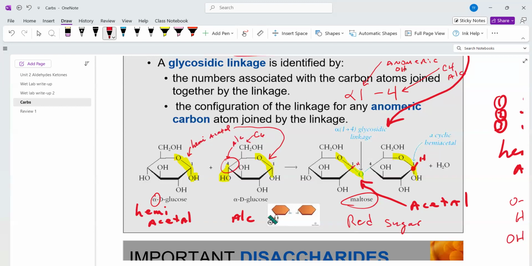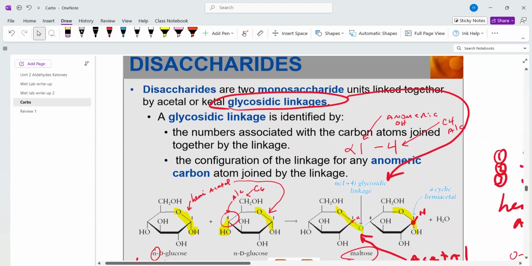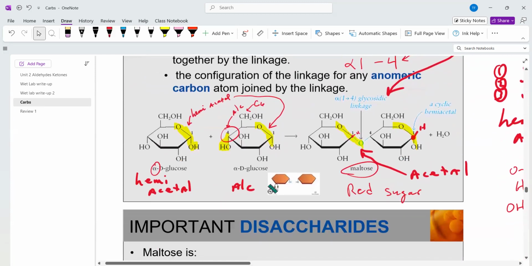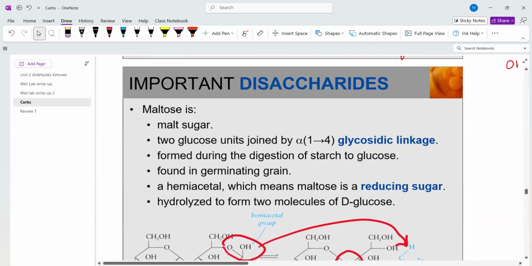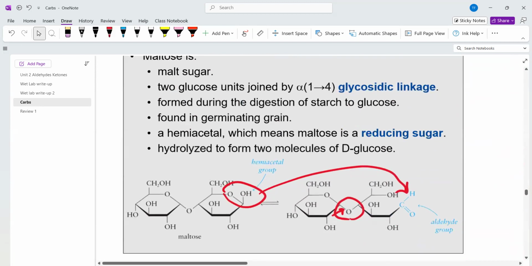Those are typical questions I would ask you on a test for disaccharide. And this is one of the disaccharides you need to know, maltose. There are three of these. Now, the reason why it's a reducing sugar is because we have a hemiacetal here that opens up to an aldehyde.